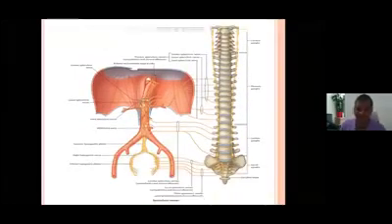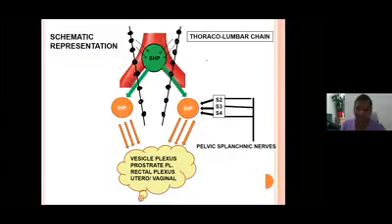This shows both the superior as well as inferior hypogastric plexus together, and this is a structural drawing of the different plexuses, such as the vesical plexus.